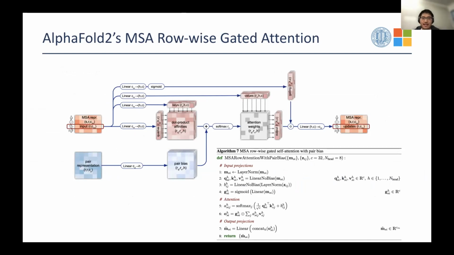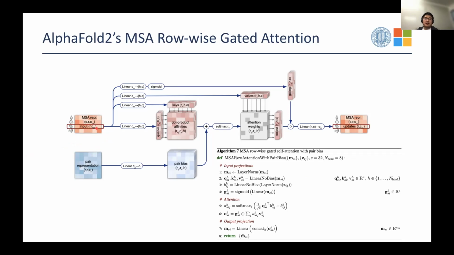I would say it's a little bit like a cross attention from both sides, but the general computation flow is like this. The input is one row, with dimension R residuals and channels C_m, the number of channels.